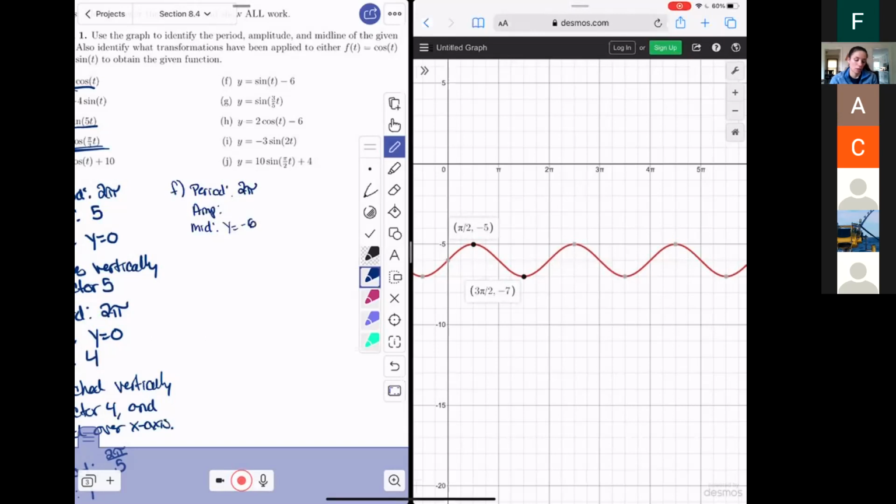So if y equals -6 is my midline, what is the amplitude? In other words, what is the distance from the midline to the highest peak? 1. 1. Good. Any questions on those 3 parts of this one?